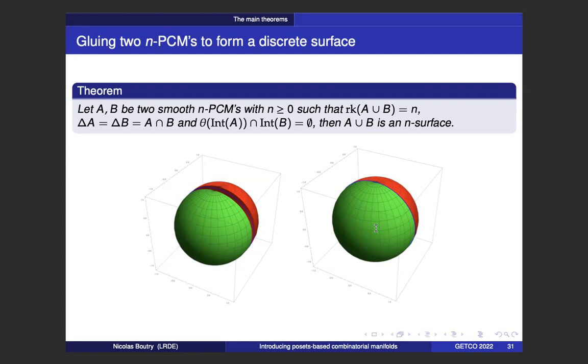We imagine that they are separated, but at the level of their border, their border is equal. Moreover, the intersection of the two PCMs is equal to the border of each one. It is completely natural. When we do this union, we obtain a discrete surface. It is very related to what we look for in continuous topology.